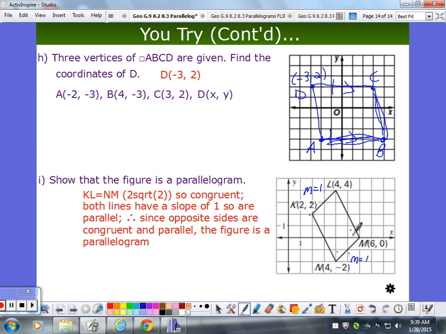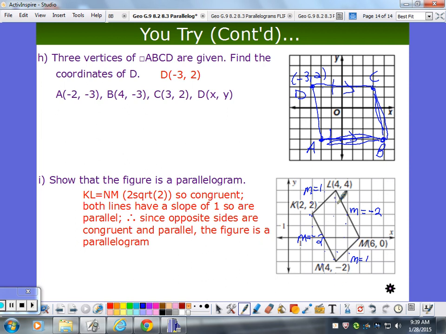What's the slope of this guy? Let's see, down 2, right 1, down 2, right 1. Looks like this is a slope of -2. Does this have a slope of -2? Down 2, right 1, down 2, right 1. So you could do this. You could say, because the opposite sides have the same slope, therefore they're parallel. That would be one way.